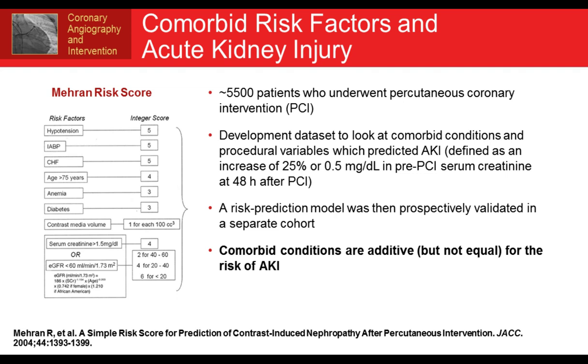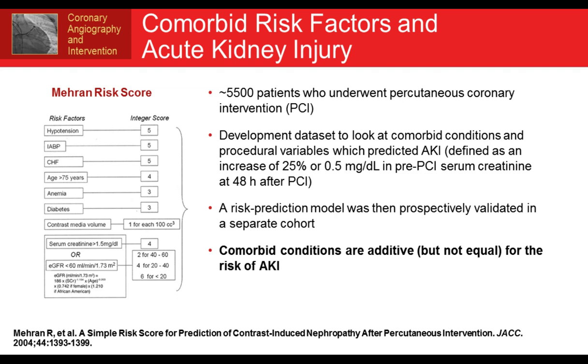These are derived from the work from Roxana Mehran, and this is the famous now Mehran risk score, which has been around for 14 years or more. And the way Dr. Mehran's group developed this score was that they looked at over 5,000 patients who underwent PCI. They had a developmental database which they used to look at comorbid conditions and procedural variables which predicted acute kidney injury.